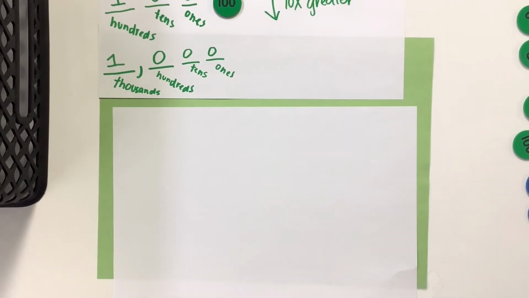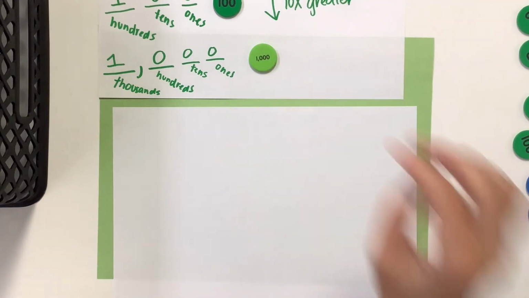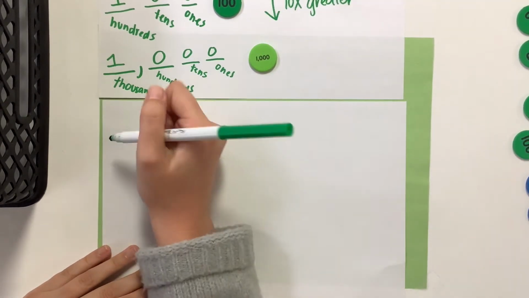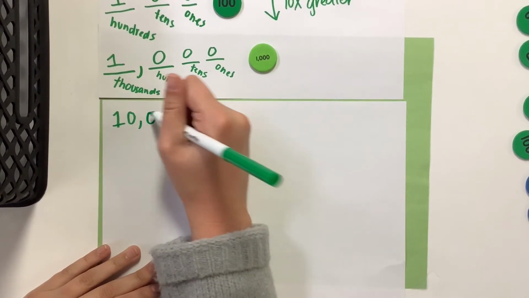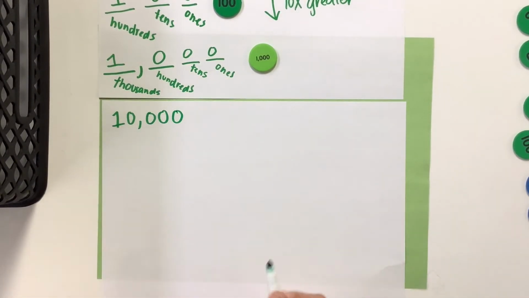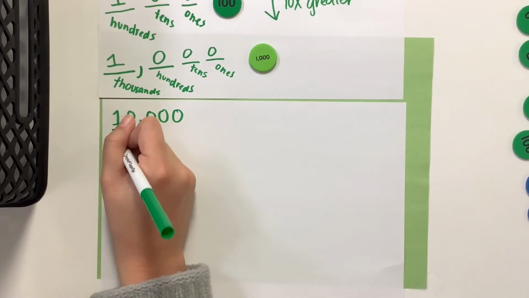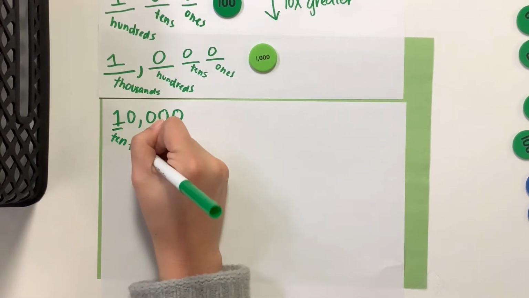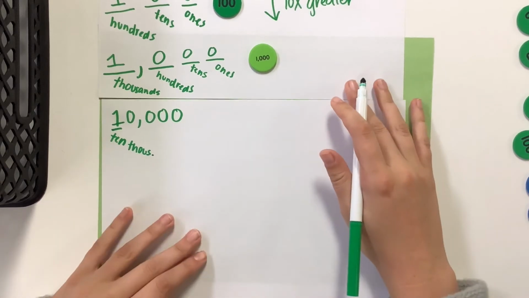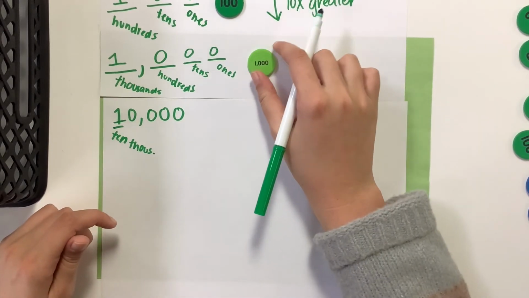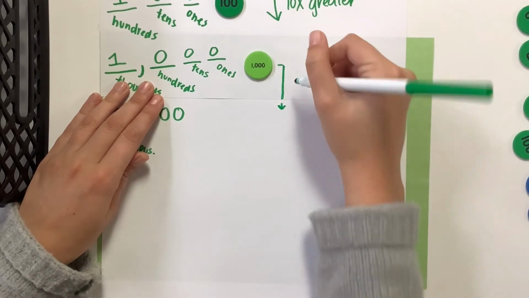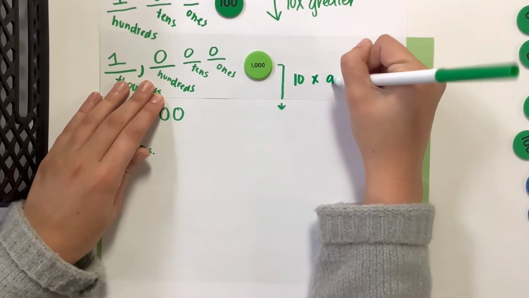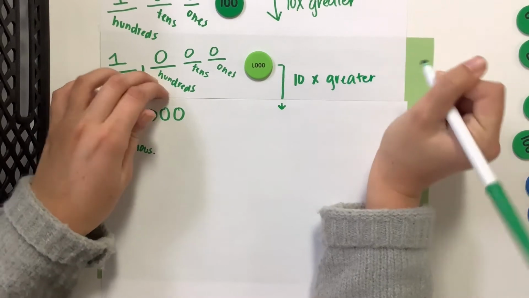If I replace that with 1,000, and then I move that one digit to the 10,000s place, what do you think is going to happen to this 1,000? Hopefully you said it's going to get 10 times greater? Let's see.